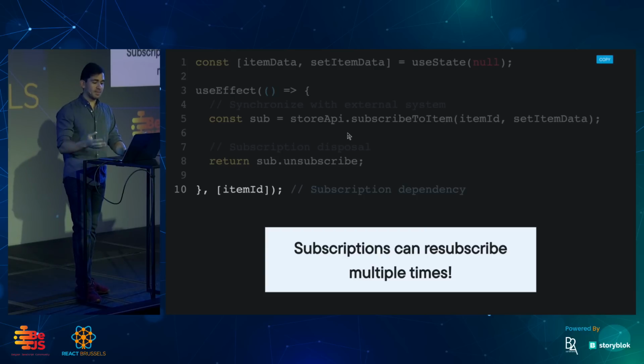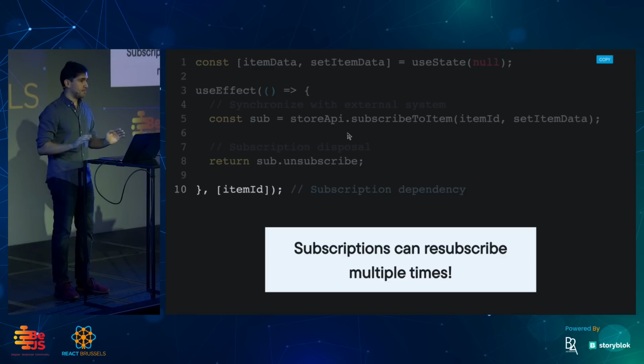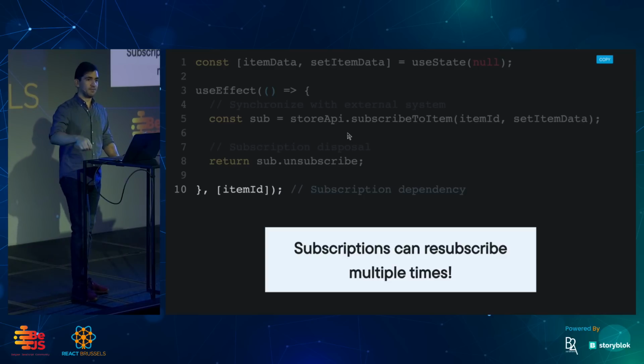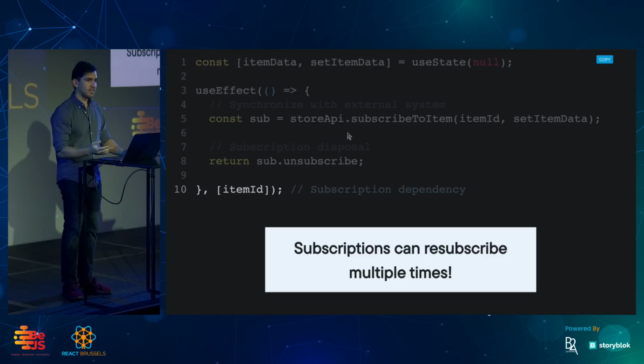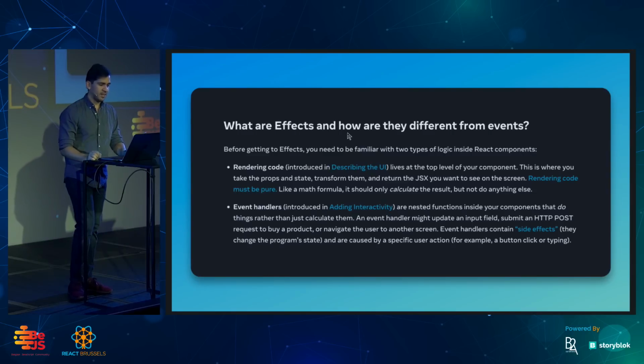Now, doing something like this, because you're just keeping track of some external thing, means we could unsubscribe and resubscribe multiple times. It doesn't matter. It's like watching TV. If you put on the news, you could turn the TV on and off. You could change channels. You could go back to the previous channel. That news channel is still going to be the same. So that's sort of the mental model that you should be thinking of with useEffect.